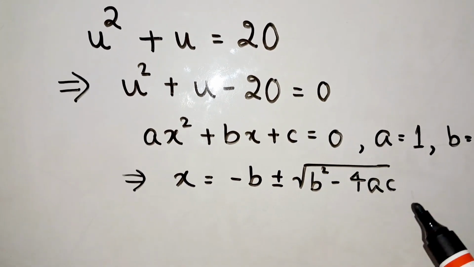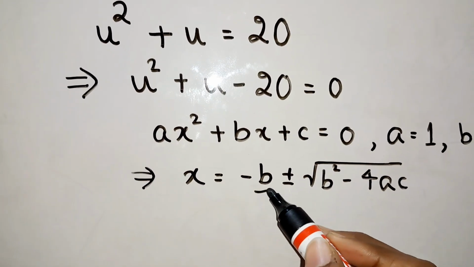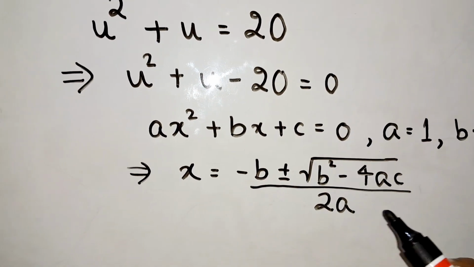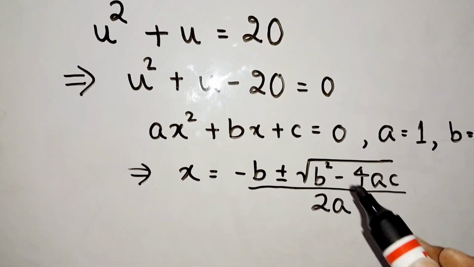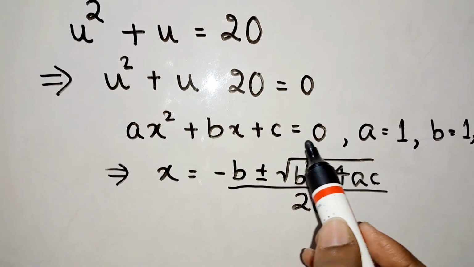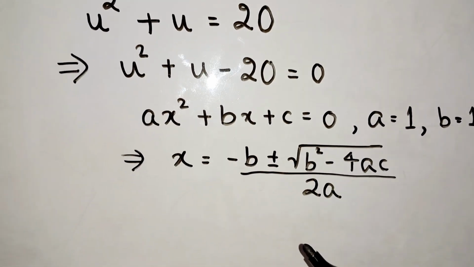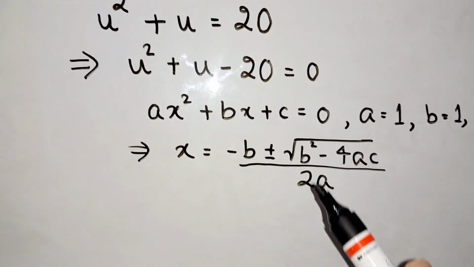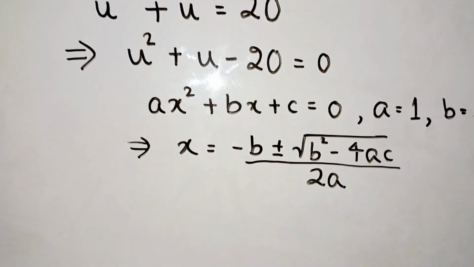So x equals minus b plus or minus square root of b square minus 4ac, divided by 2 into the coefficient of x square. This is the simplified solution of this type of quadratic equation. We just have to apply this solution to our required equation, that is u square plus u minus 20.